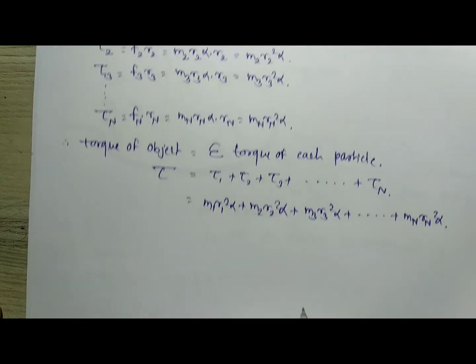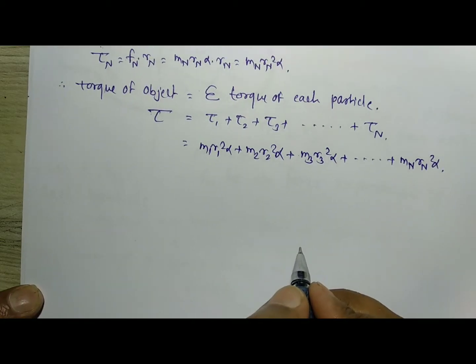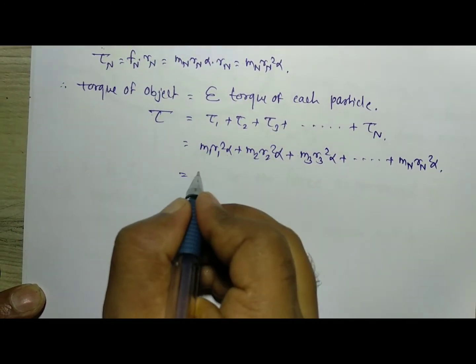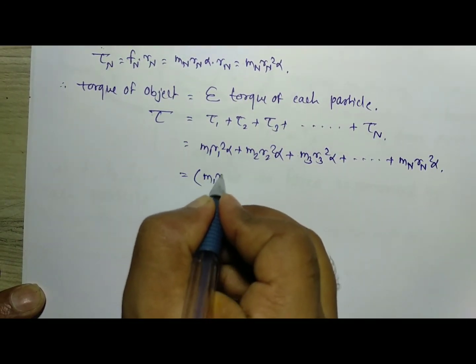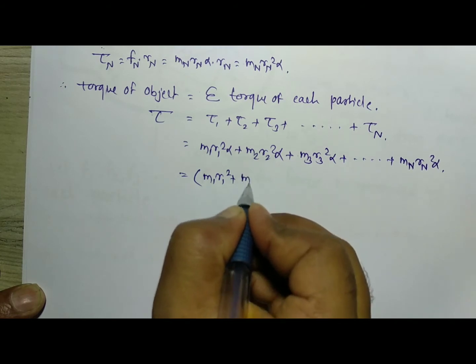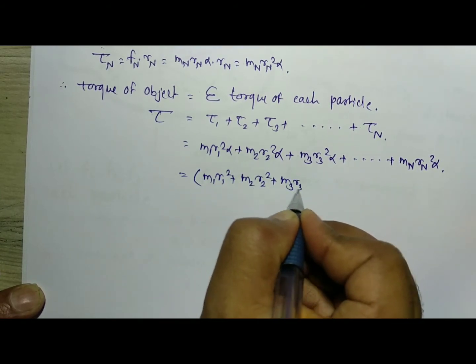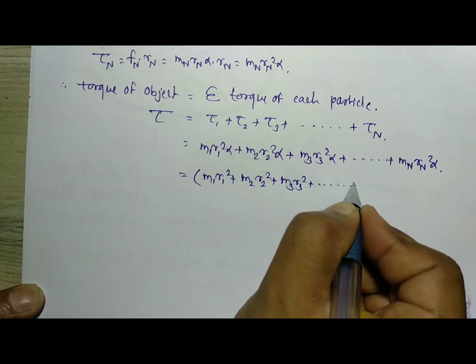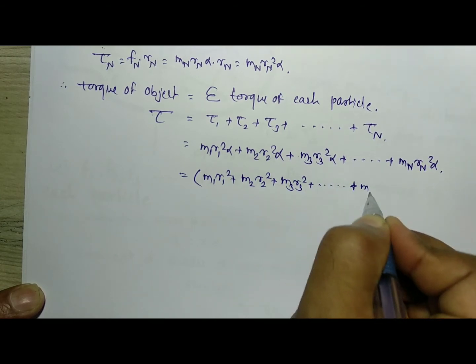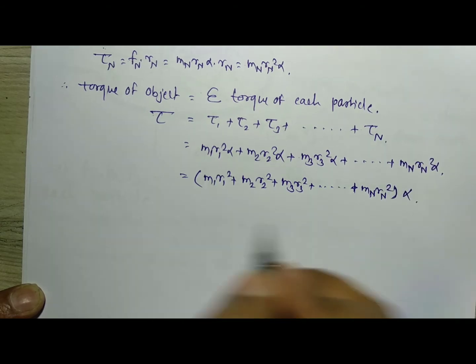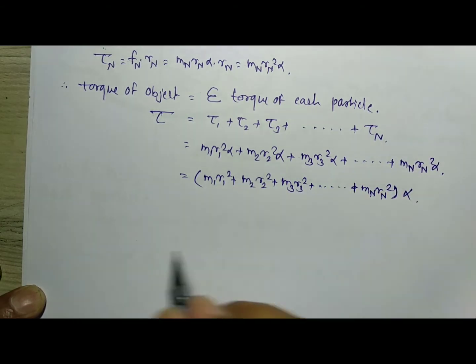Now alpha is common here, so you take it outside and you get m1 r1 square plus m2 r2 square plus m3 r3 square and so on up to mn Rn square, with alpha outside the bracket because it is common in all terms.